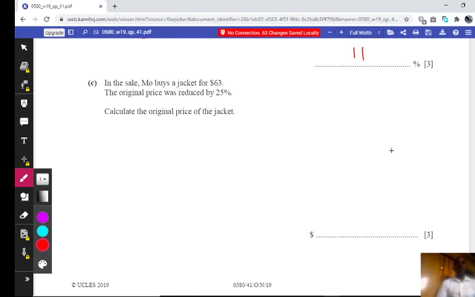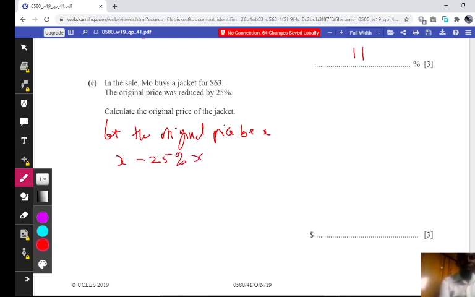So you say let the original price be x. Then x minus 25% of x is equal to 63. If you subtract 25% of the original price from the original price, you get the new price. That's the simple formula that you can use.